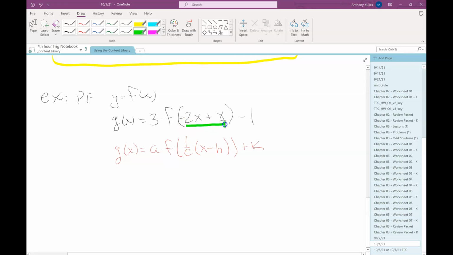If I look inside of my f of x, I notice the stuff inside of my f of x is not in the same form, right? So the biggest thing here is I need to make sure that I factor the inside of that f of x so that the leading coefficient is 1, like it is in the general transformation that I've written in red. So I'm basically just going to factor a negative 2 out front.